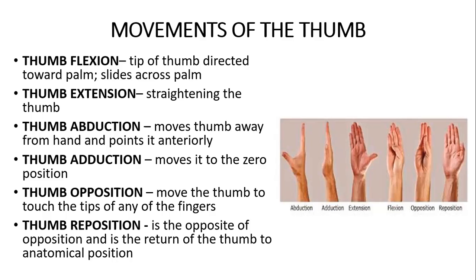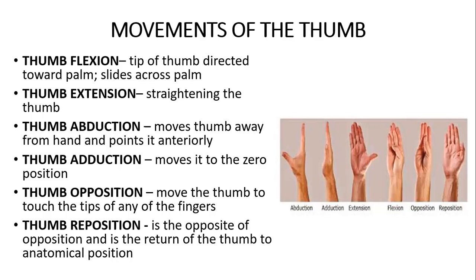Opposition is moving the thumb to touch any of the fingers. Reposition is the return of the thumb back to its original position. So look at the last two pictures. The thumb is touching the pinky, that's opposition. The thumb and the pinky return to the normal position, that's reposition.